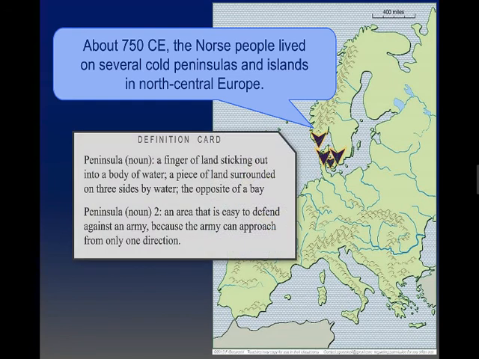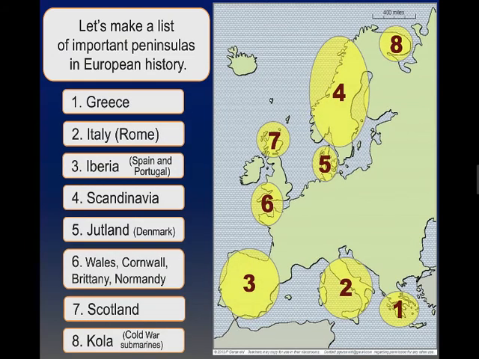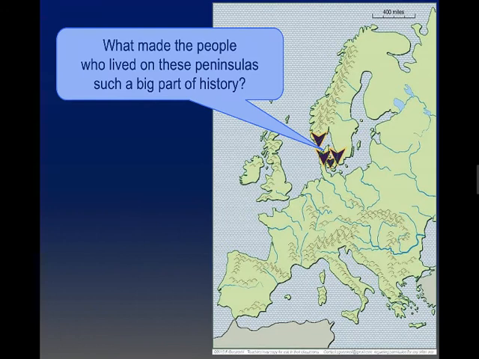And there's a definition card on the PowerPoints to make sure that the students all know what we mean by peninsulas, because European history is really guided by the fact that people could hide on a peninsula and become relatively strong and then still be relatively safe. And there's a Greek peninsula, an Italian, an Iberian, a Scandinavian, Jutland. In other words, lots of peninsulas that were important in European history.